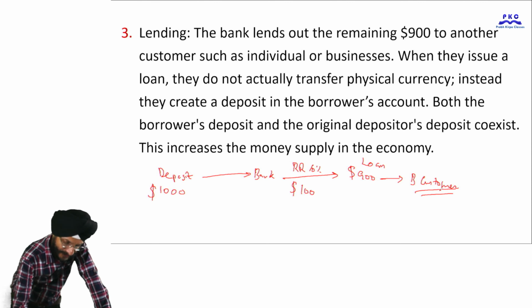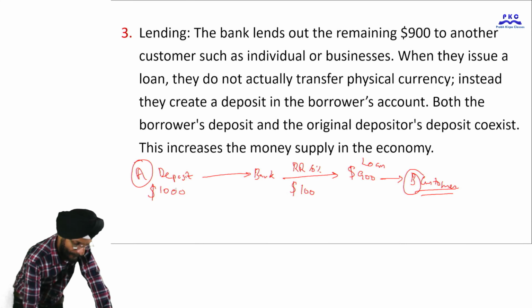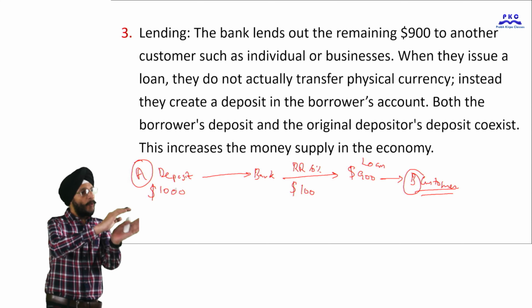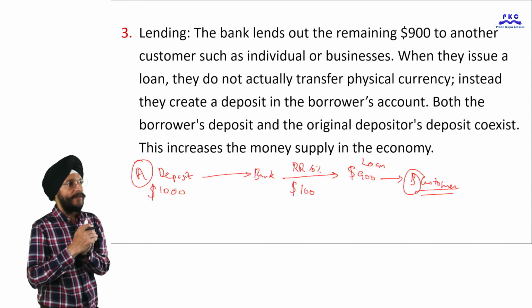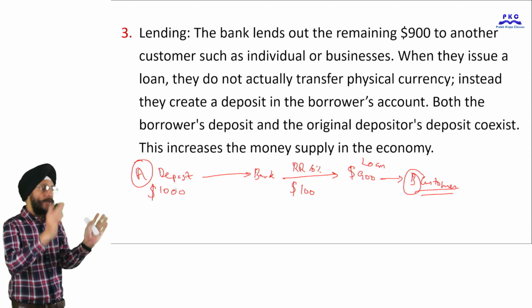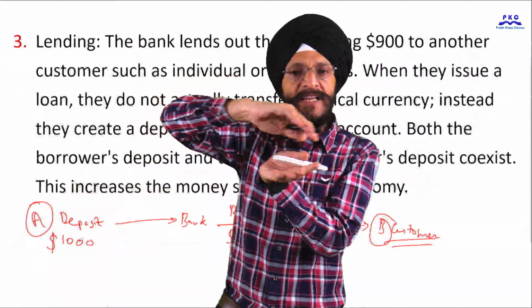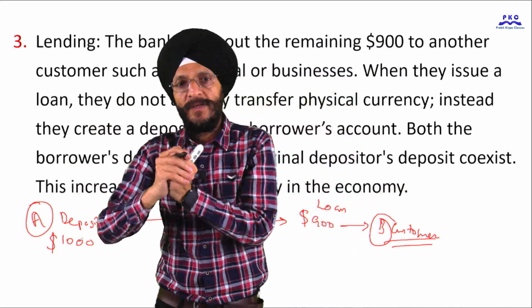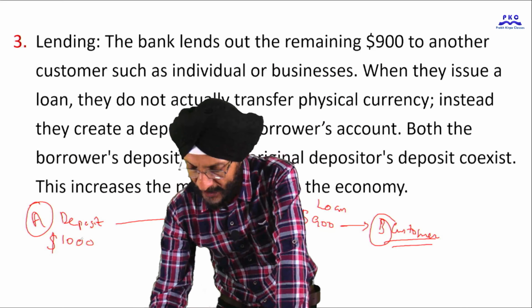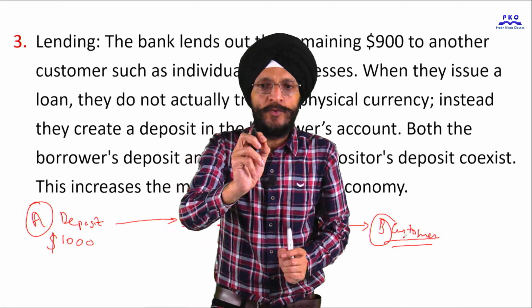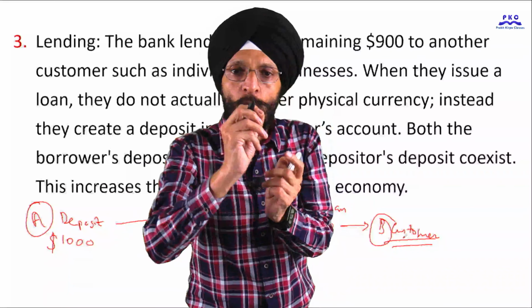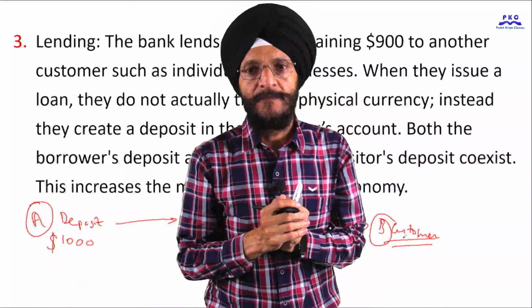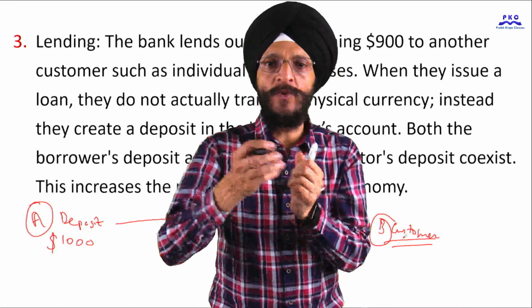When the bank issues the loan to this customer B, this is the customer A who deposits $1,000. Now the loan is being given to B customer. Now the full amount has not been given as loan. Some amount has been kept aside, balance has been given on loan. So when this loan has been given, it must be understood that the banks do not usually give it in cash or in hard currency, physical notes or coins.